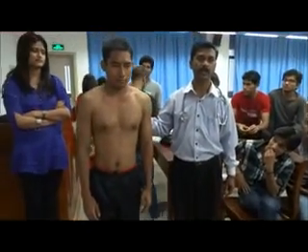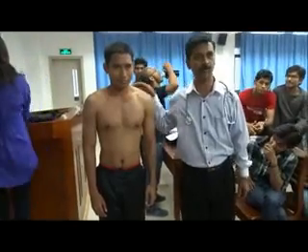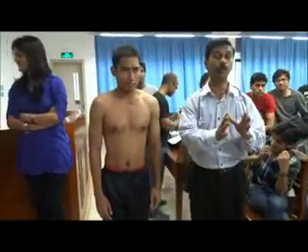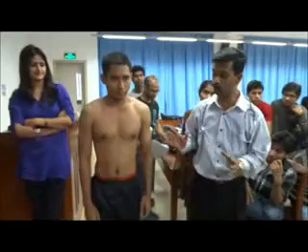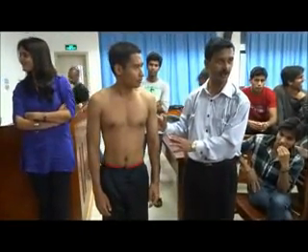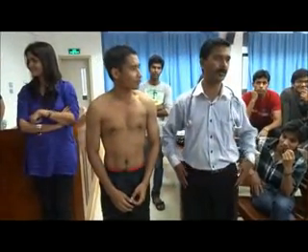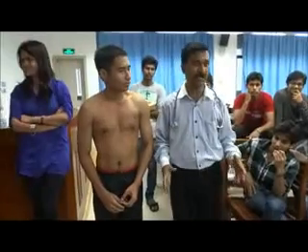This is called the lumbar test. If the patient falls down during this test, you must stand beside the patient and observe. If the patient falls down, the lumbar test is positive. So he cannot maintain his posture.